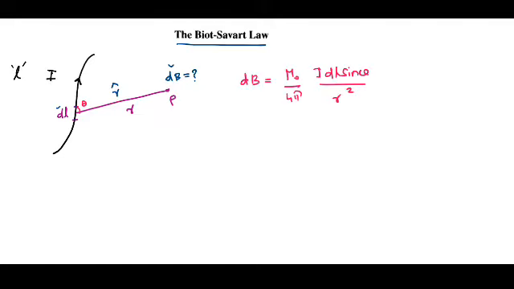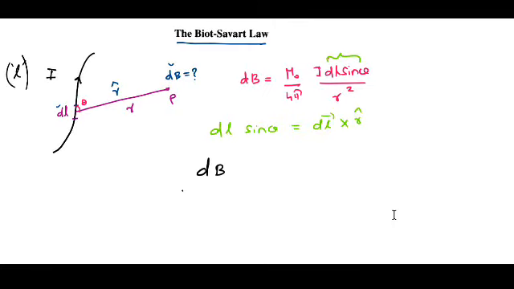Okay, dl sin theta can be written as dl cross r cap. This dB can be written as dB is equal to mu 0 by 4 pi I dl cross r cap divided by r square.